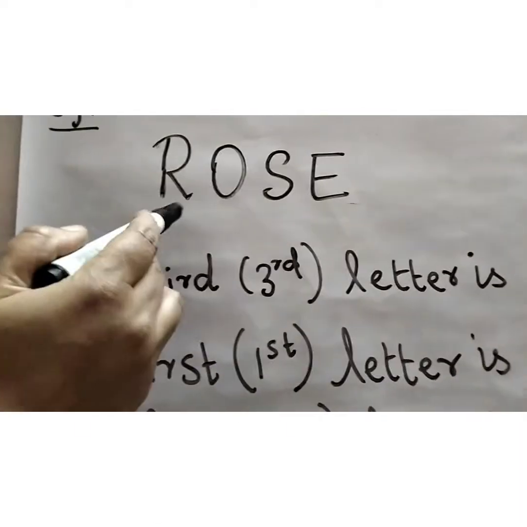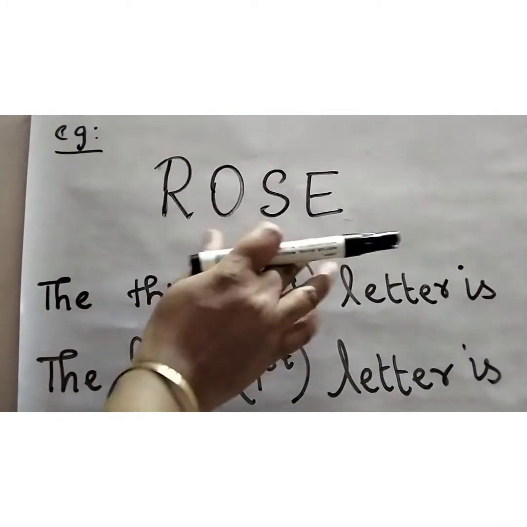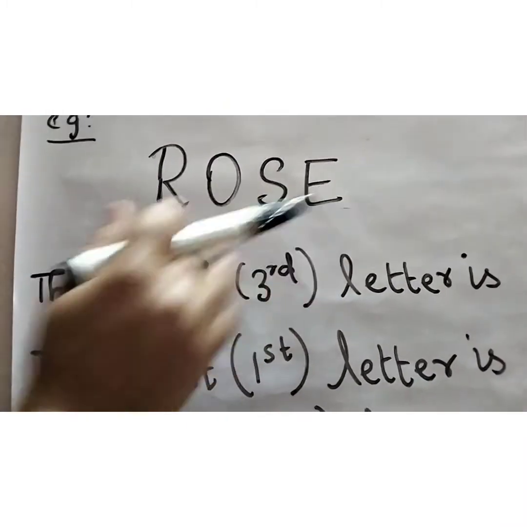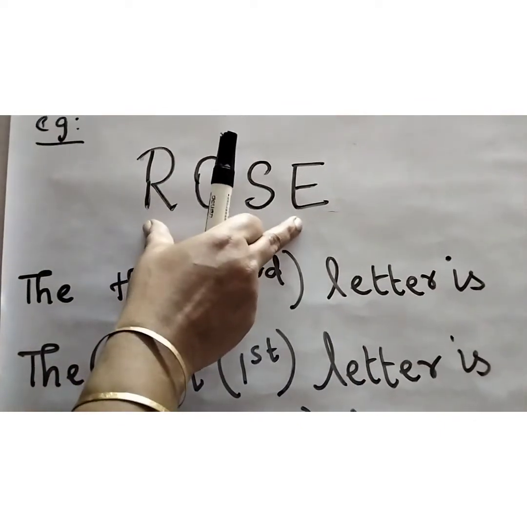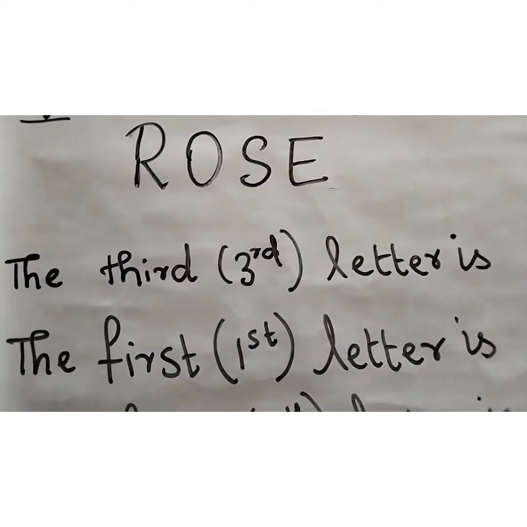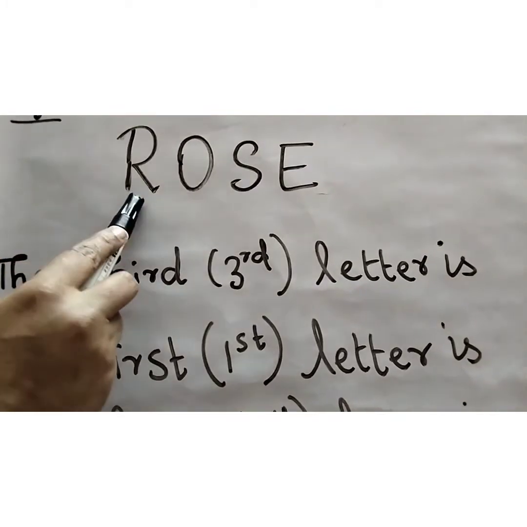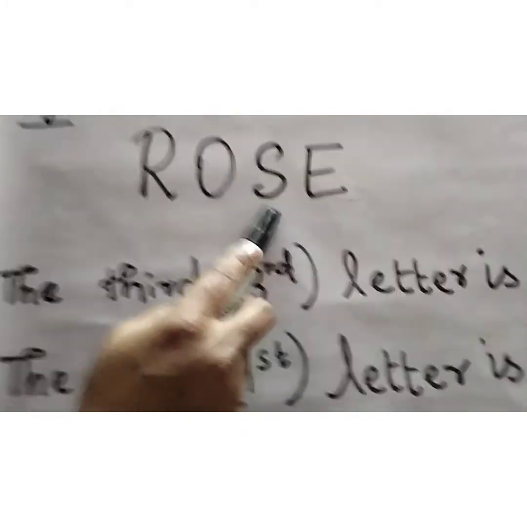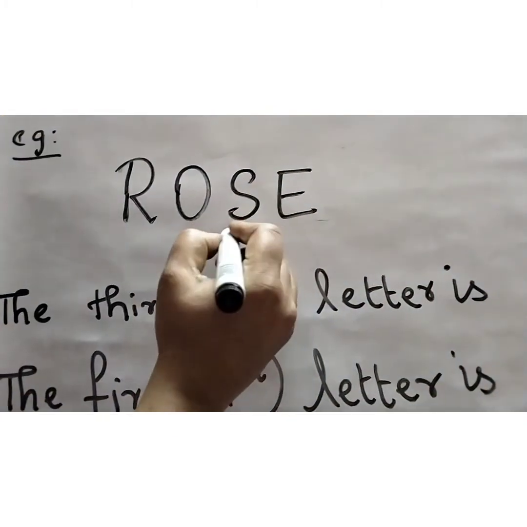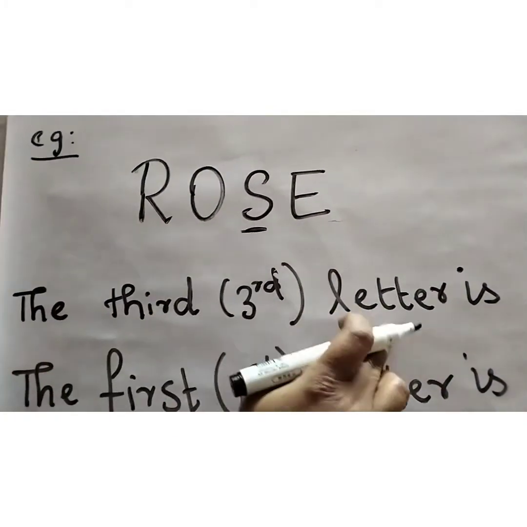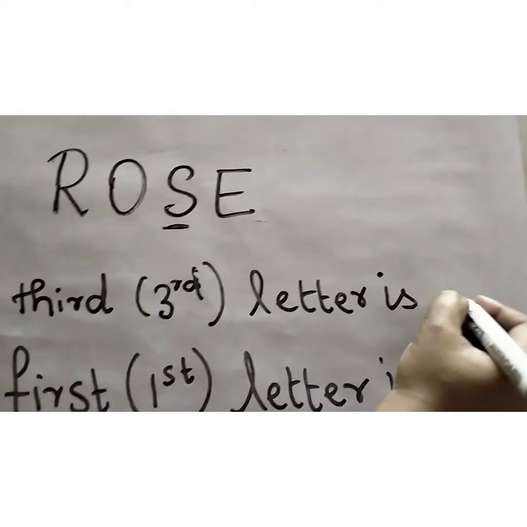Here I am taking rose as an example. What is the third letter in the word rose? First letter, second letter, third letter. It is S.